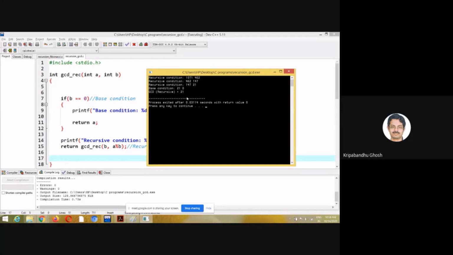You see that in this case, we wanted to calculate the GCD of these two numbers, but we actually came to this part where 21 is dividing 147. So we need something which divides these two numbers, right? But you can prove by backtracking that this 21 not only divides these two numbers, it also divides these two numbers.